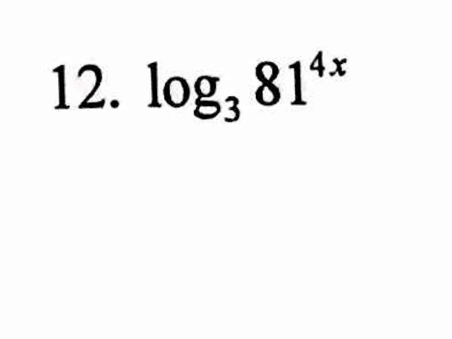Well, that one could be a little more interesting. Anybody have an answer to that one? 16x. 16x sounds good. Why is that? First of all, you got to think, it would be nice if this were a 3. That way you could cancel out with log base 3. So could you change it to a 3 to a certain power?